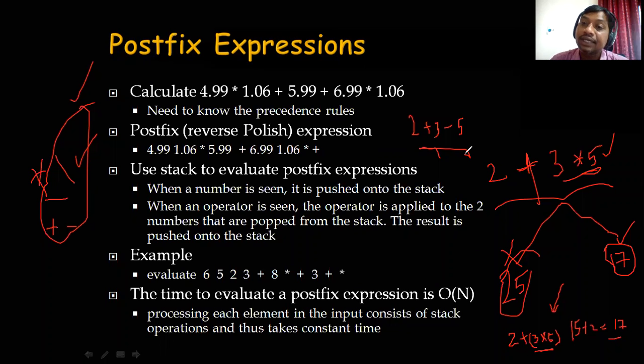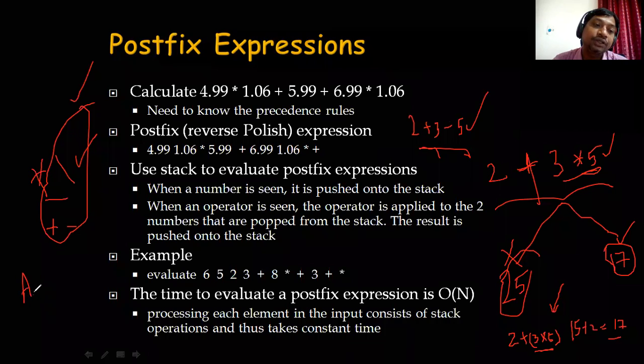If that is the case, which one do we have to perform first? Whether we have to perform 3 minus 5 first or 2 plus 3 first? Again, it is a big question. This also leads to ambiguity. So to resolve this ambiguity, we'll apply some rules called associativity rules.